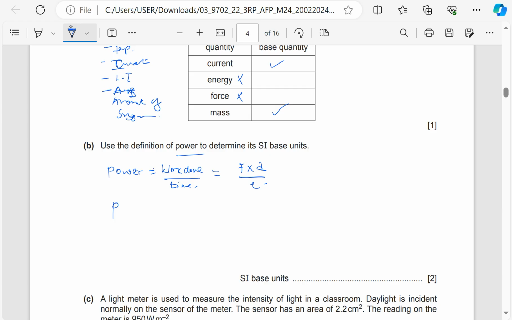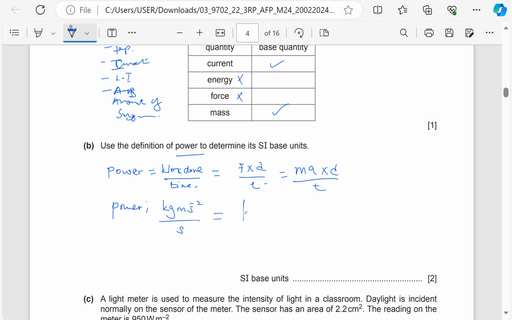So the units for power will be force, which is kilogram meters per second squared, because force is mass times acceleration, then times distance over t. The mass is kilograms, acceleration is meters per second squared, and d is in meters. Then divide this by time, which is in seconds.